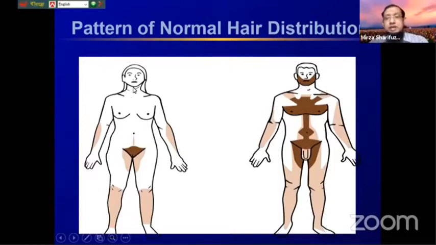On the contrary, in the male, you see here, the genital hair extends up to the thigh, and it also involves the lower abdomen, chest, chin, lips. So almost all body parts are affected by hair growth in male.